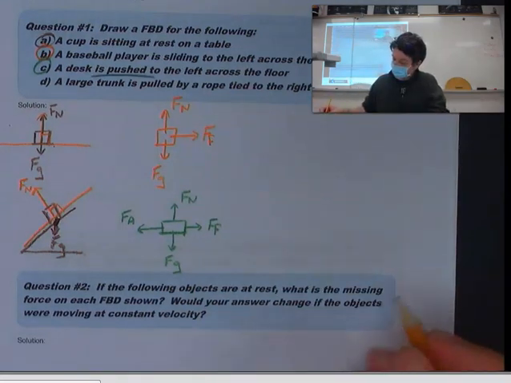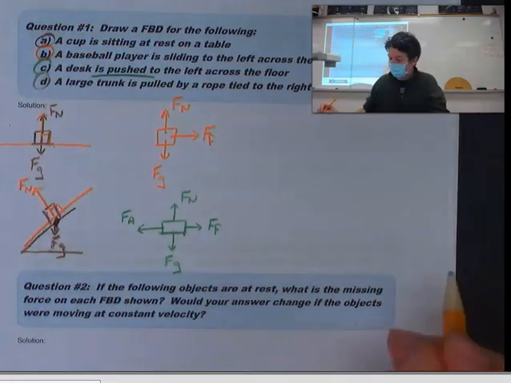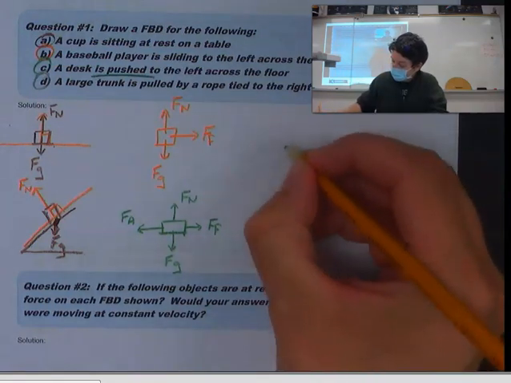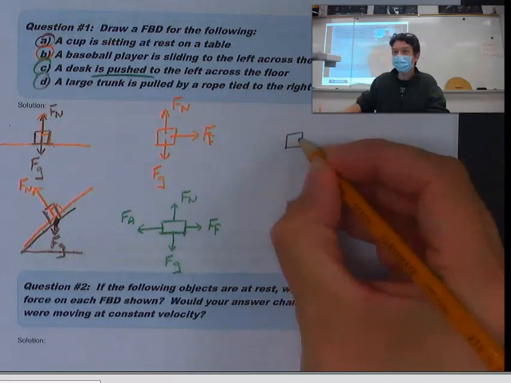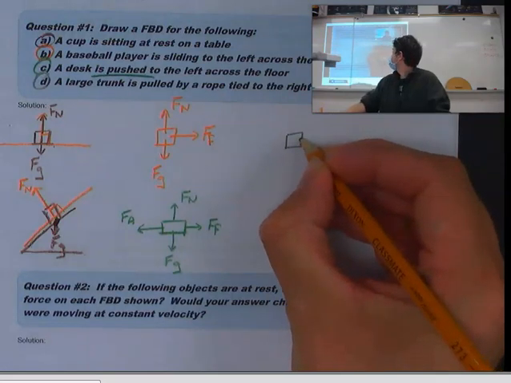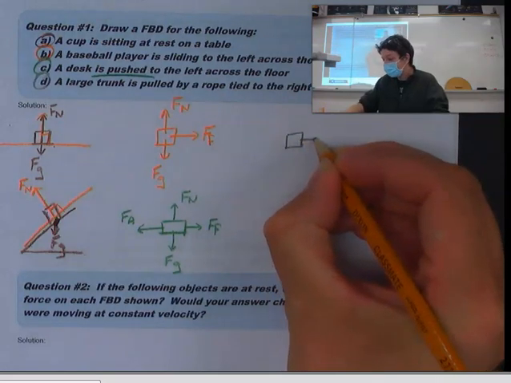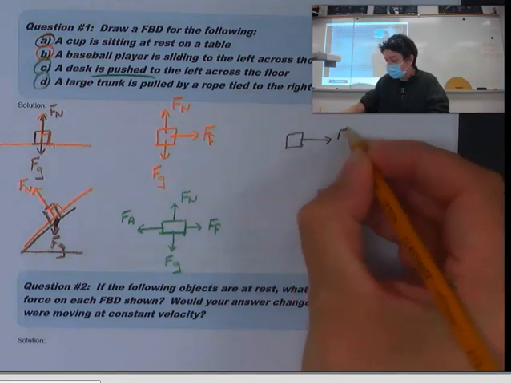All right, so D, we have a large trunk that is pulled by a rope tied to the right side. So here's our trunk. We have a rope on the right side, and it's being pulled. Now, since it's a rope, we're going to call this the tension force.